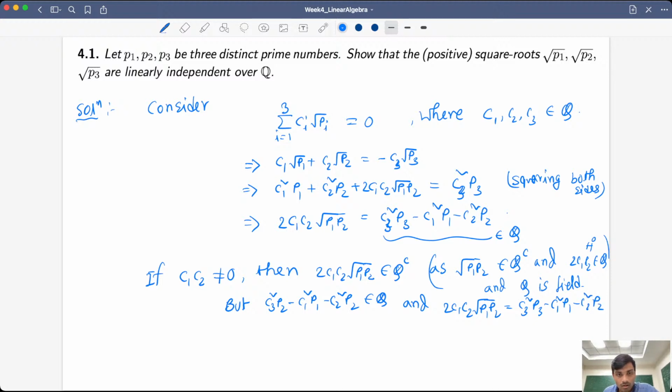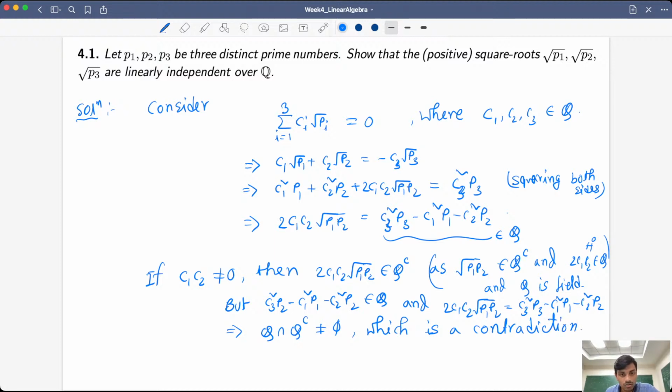So this implies Q intersection Q complement is not equal to phi, which is a contradiction, because they are disjoint sets, so their intersection cannot be nonempty.